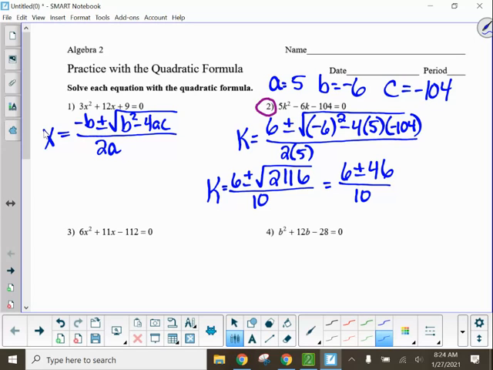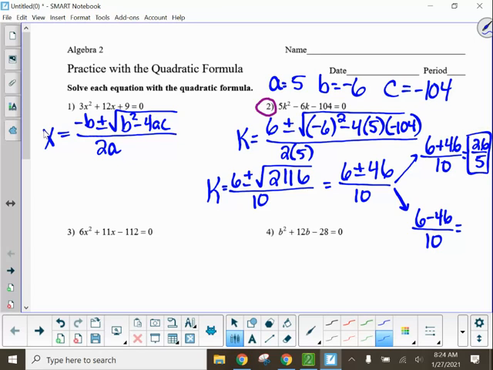So now I have 6 plus or minus 46 all over 10. This gives me 2 different solutions. I have 6 plus 46 divided by 10 and 6 minus 46 divided by 10. And so I have to simplify both of those fractions. Well, 6 plus 46 is 52, divided by 10 gives me a decimal, but if we turn that back into a fraction, that's going to be 26 over 5.